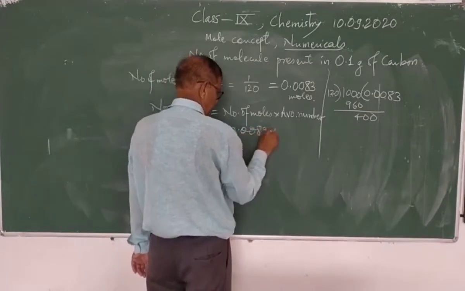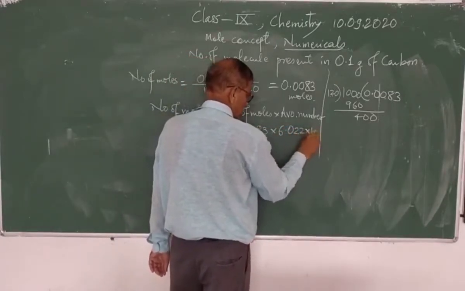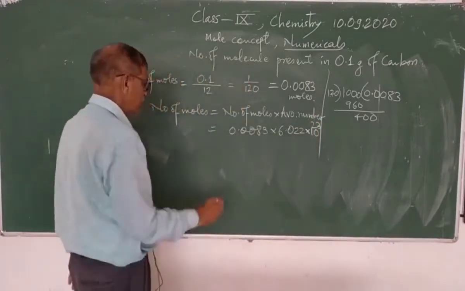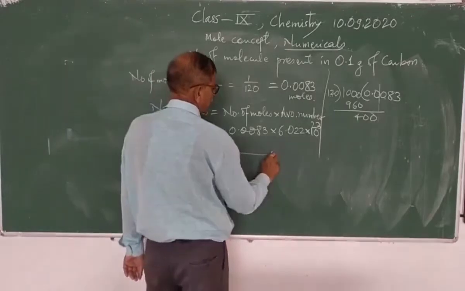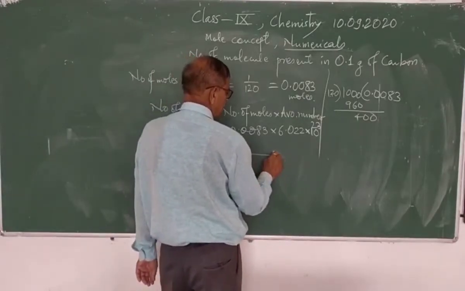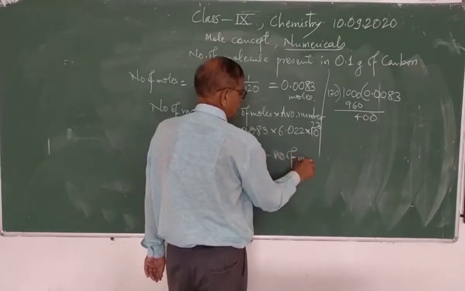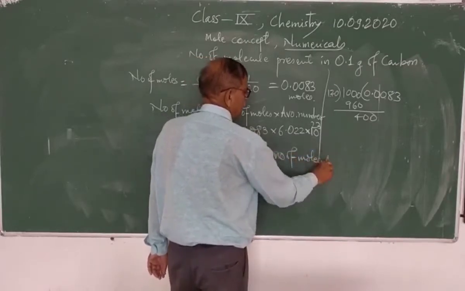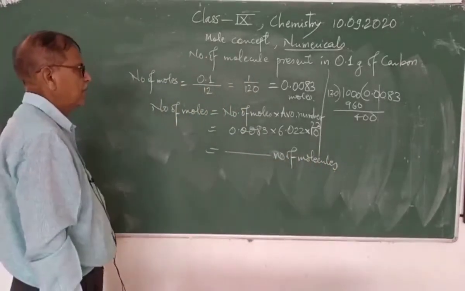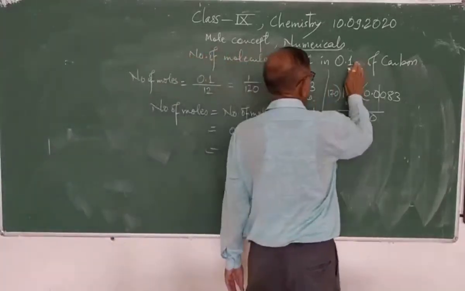That is 0.0083 into 6.022 into 10 to the power 23. Okay? Now calculate, and that will be the number of molecules.